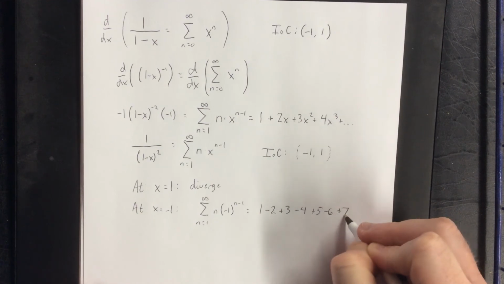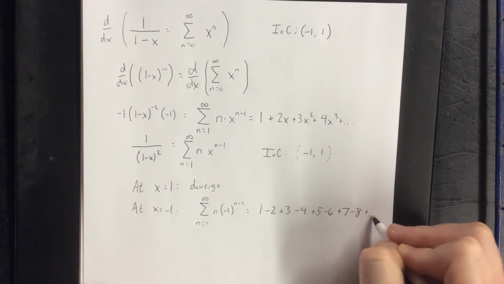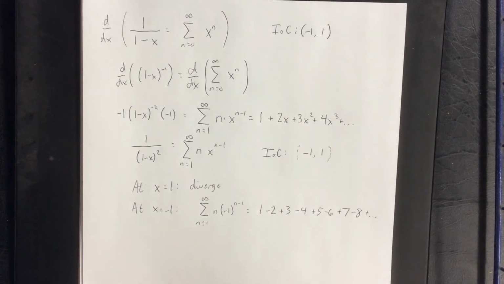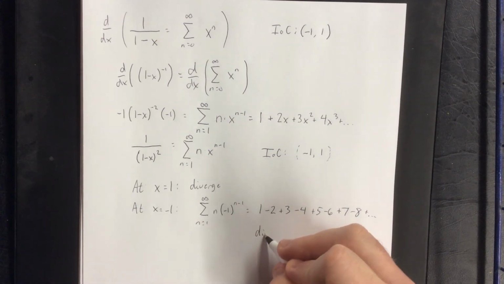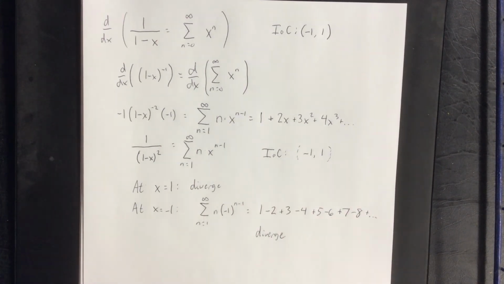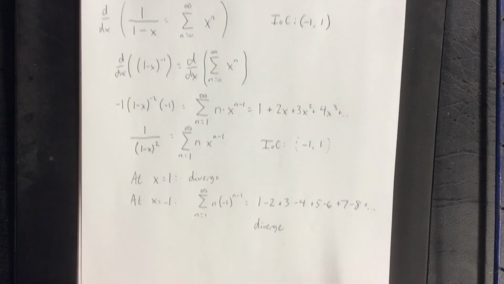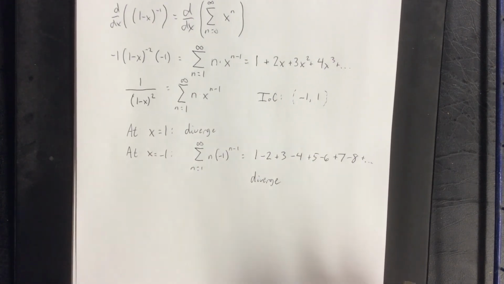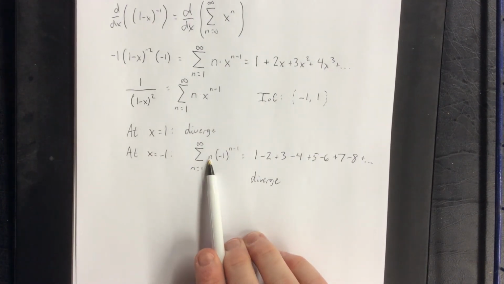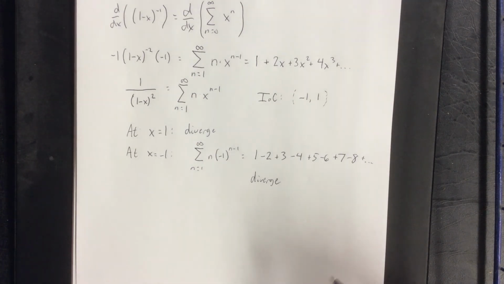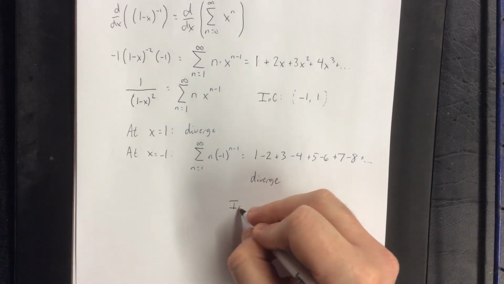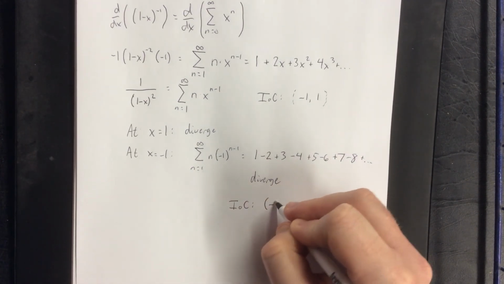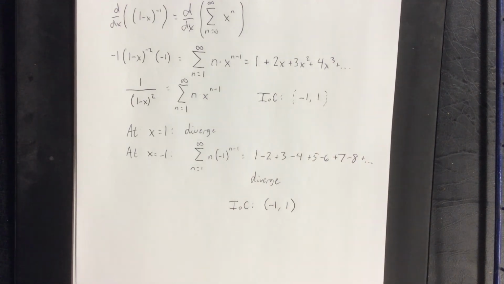You'll notice that the terms are not getting smaller, the terms are getting bigger. So despite the fact that this is an alternating series, the divergence test lets us know that this will diverge. If you prefer to use the alternating series test, you're more than welcome to do so, but once again, n will not converge to 0 as n goes to infinity. Therefore, the interval of convergence in this case is still going to be the open interval from negative 1 to positive 1.